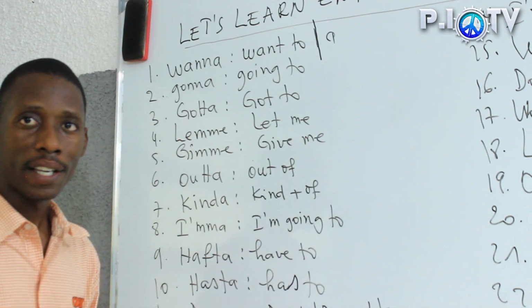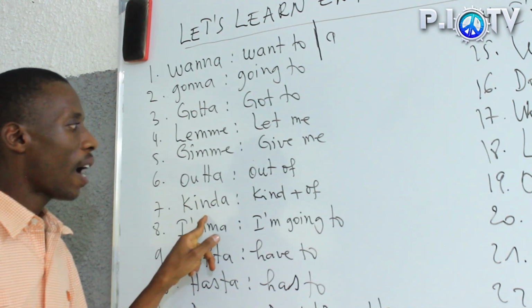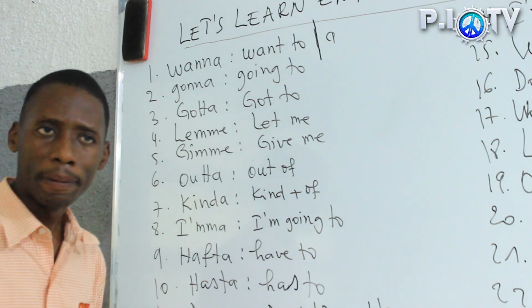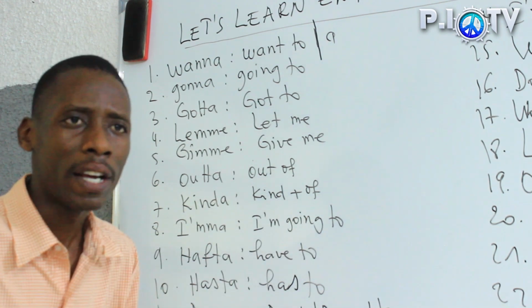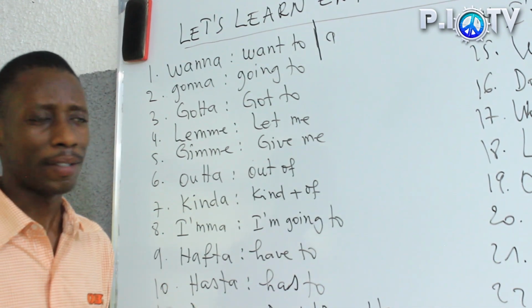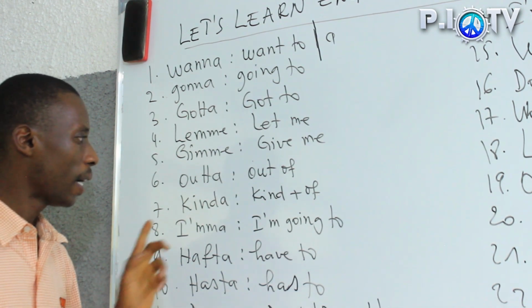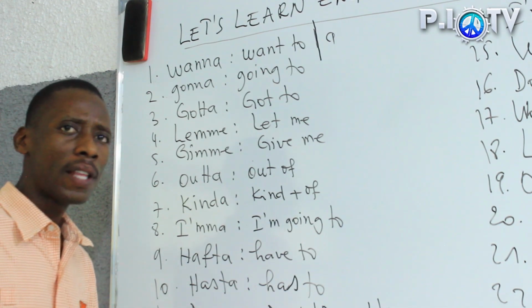Following is kinda, which is actually kind of. For example, I'm kinda hungry. It means I'm kind of hungry, somehow hungry. Following is when you talk about ama, for example, I'ma deal with them.